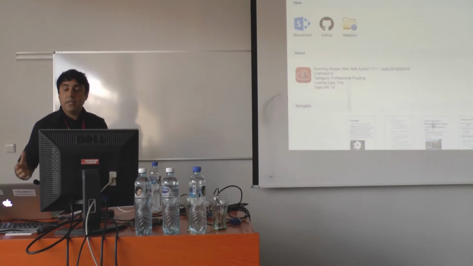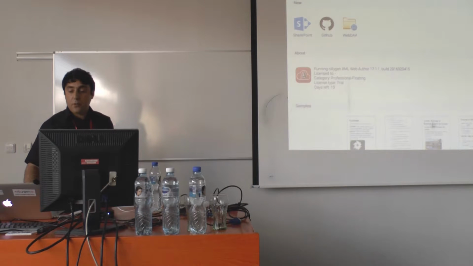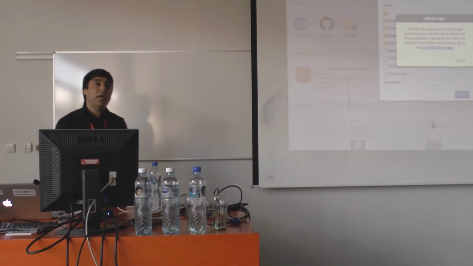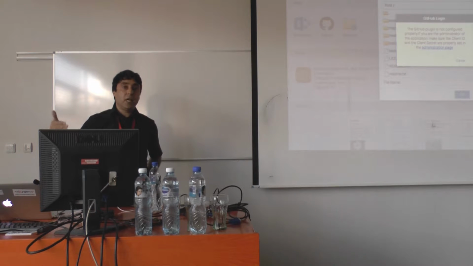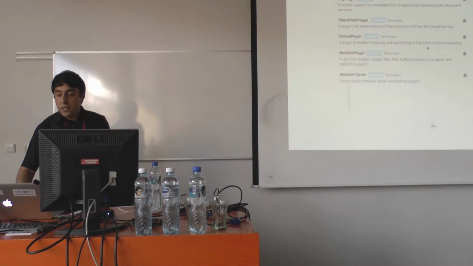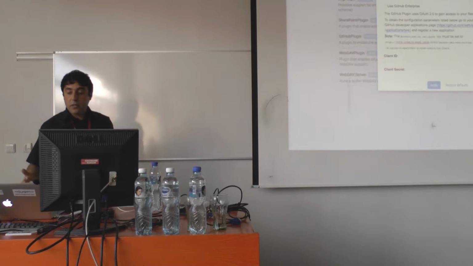The first thing is that you need to do some setup. If I try to open GitHub from here, it says you need to go to the administration page and set up this web application as an application for GitHub. So I can follow the link to the admin page. Here we have the GitHub plugin with a configure button.